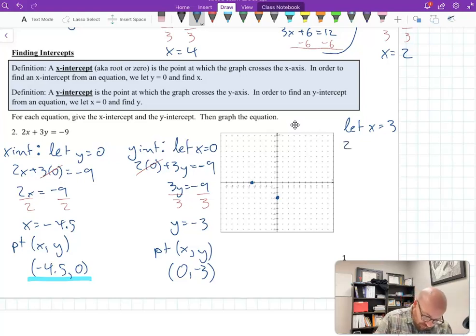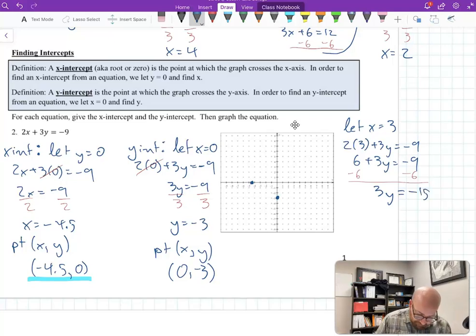So we have 2 times 3 plus 3y equals negative 9. 2 times 3 is 6. Subtract 6 on both sides, and we have 3y is equal to negative 15.